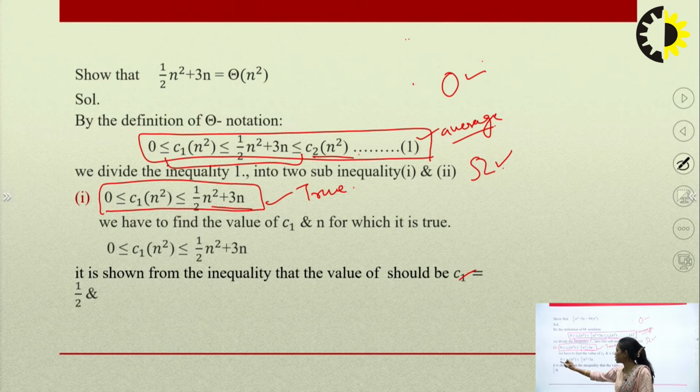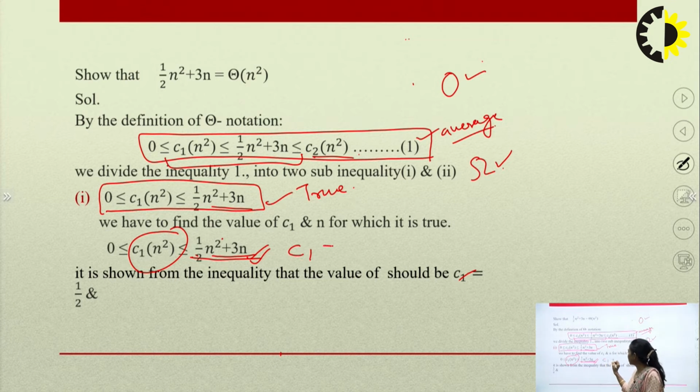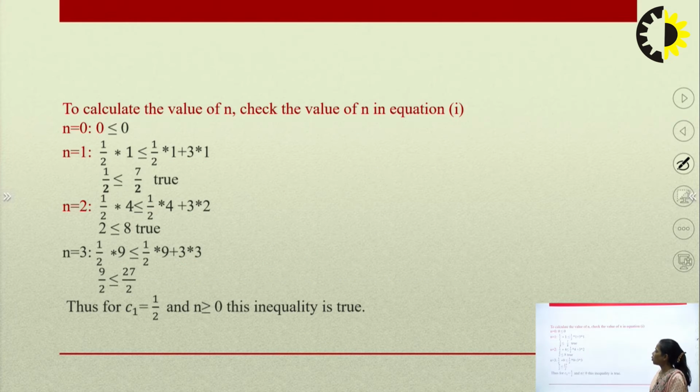The left hand side contains C1 n square and the right hand side contains 1 by half n square plus 3n. So the inequality is always true for the maximum value of C1 equal to 1 by 2. Clear? So now we have calculated the value of C1.